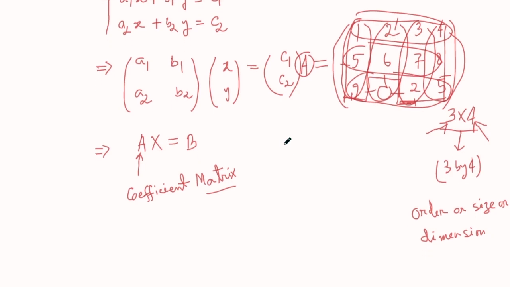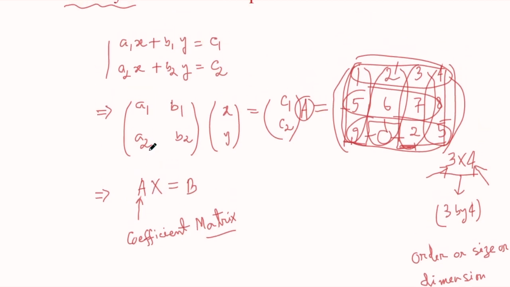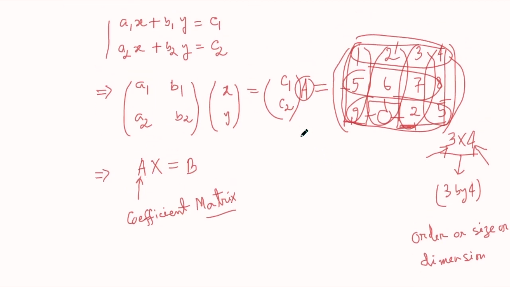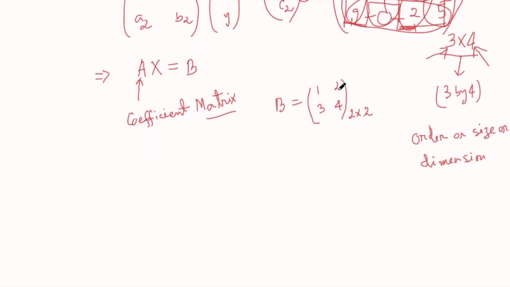Now, what is a square matrix? Because we can calculate determinants only of a square matrix. A square matrix is a matrix which has an equal number of rows and columns. For example, let's say B equals 1, 2, 3, 4. It has 2 rows and 2 columns. It is a 2 by 2 matrix. Therefore B is a square matrix.